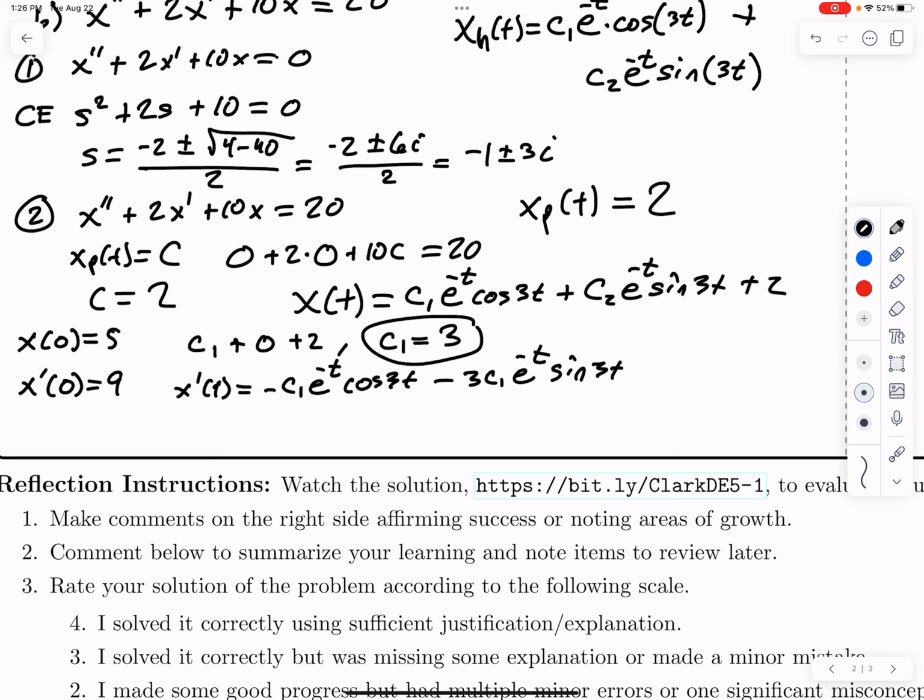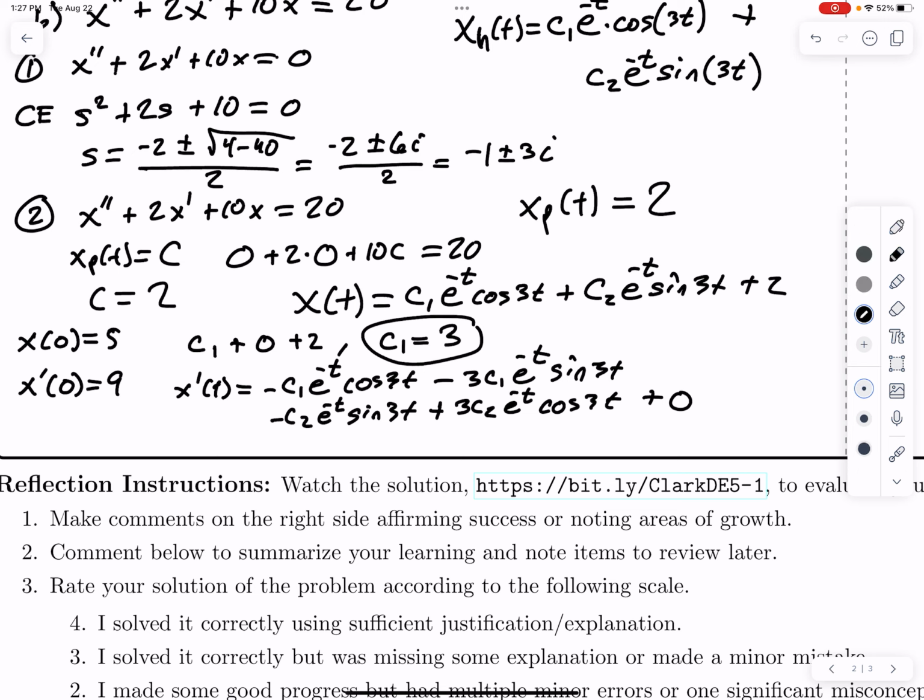That's the derivative of the first part. And then negative c2 e^(-t) sine of 3t plus 3c2 e^(-t) cosine of 3t plus 0. The derivative of 2 is 0.